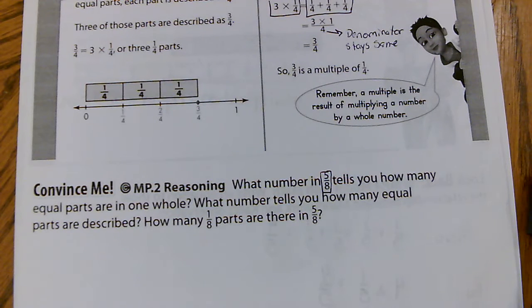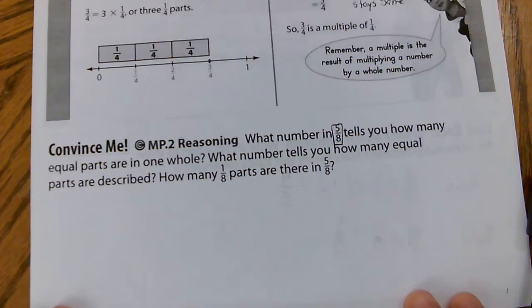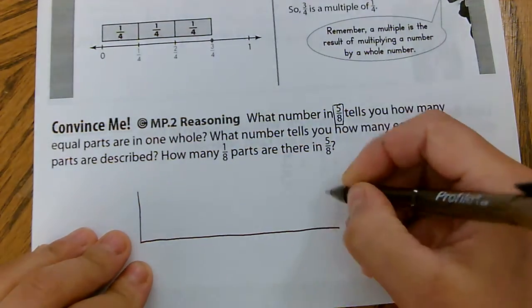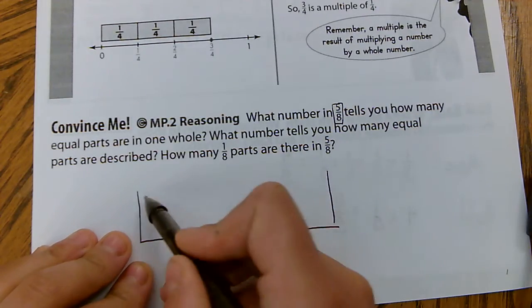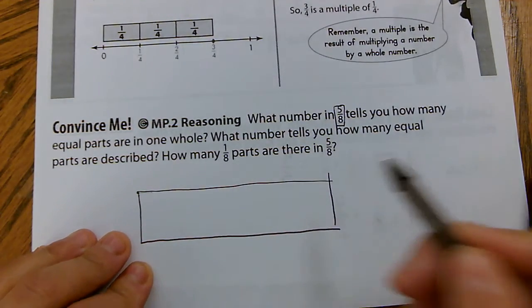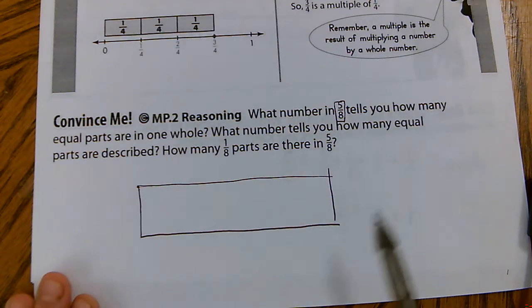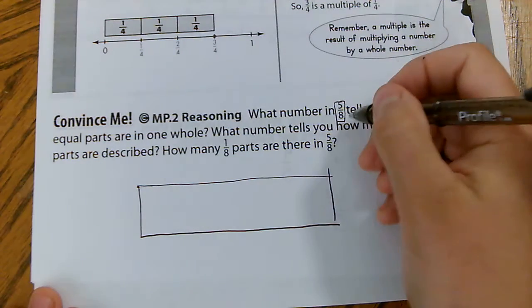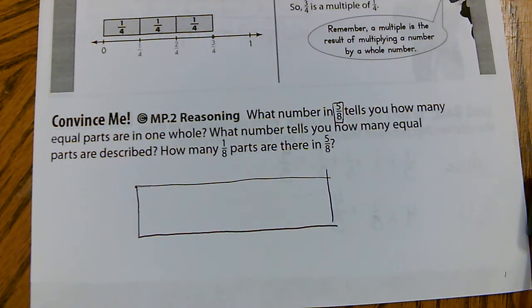So what number in 5/8 tells you how many equal parts are in one whole? What that's asking is, if I drew one whole, so let's say I drew a rectangle, just like that, how do I know how many pieces to break that up into? What number in 5/8 tells me, hey, break it up this many times?